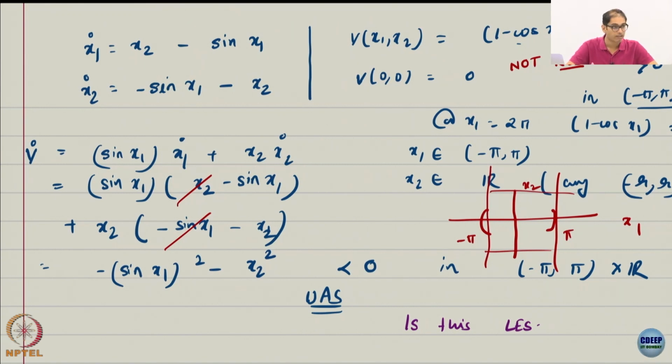In this case, because I have made a hack, everything turns out to be nice. We will see. Now, if you see, this term and this term cancel out. Alright. So I am left with minus sin squared x1 minus x2 squared. Both are square terms. So already I am feeling good.